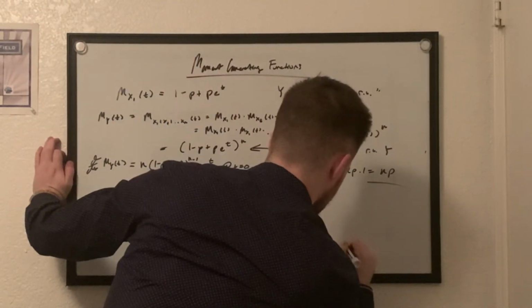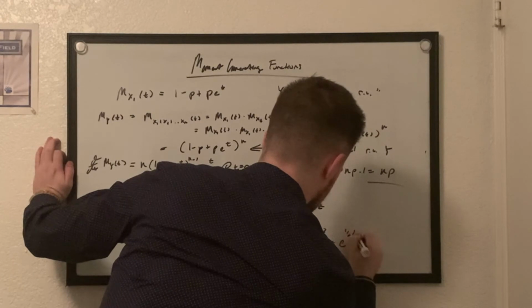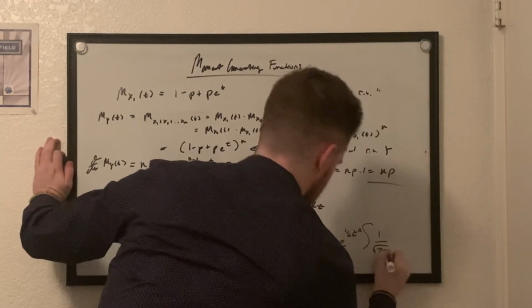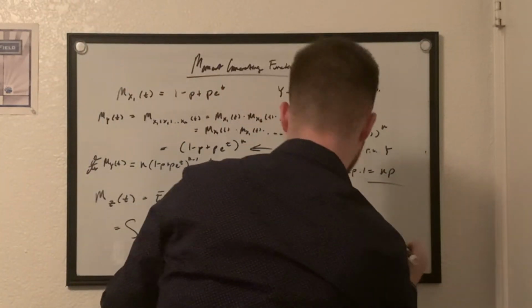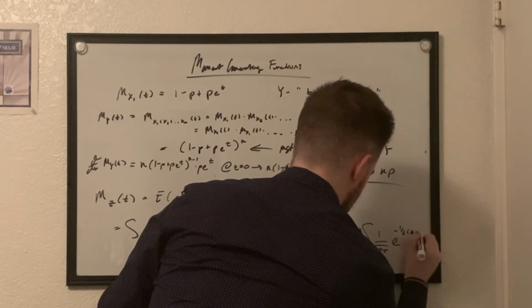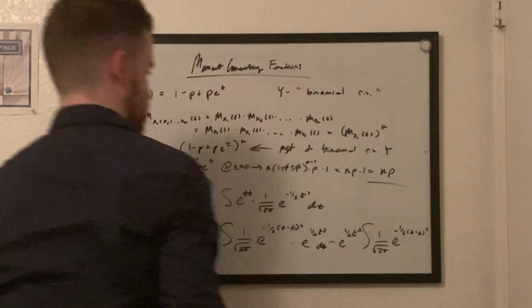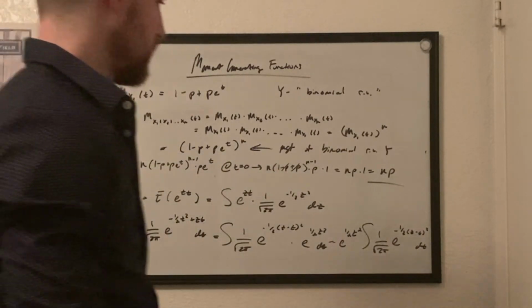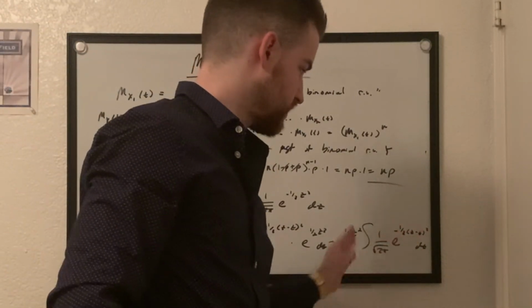That is then e to the 1/2 t squared, because we can pull it out since we're not integrating with respect to t, times the integral of e to the minus 1/2 (z minus t) squared dz. Now, all we've done here is just shift it over.